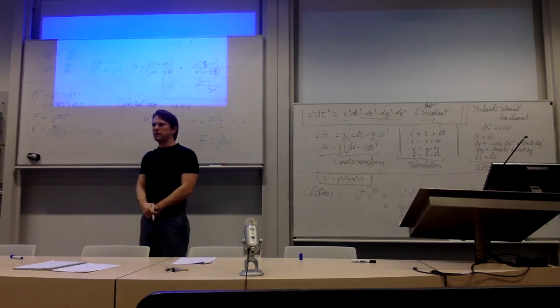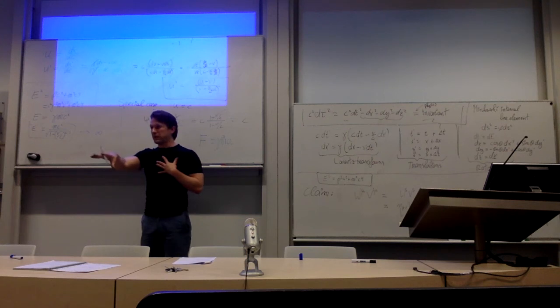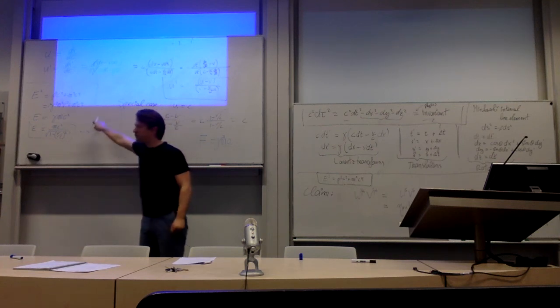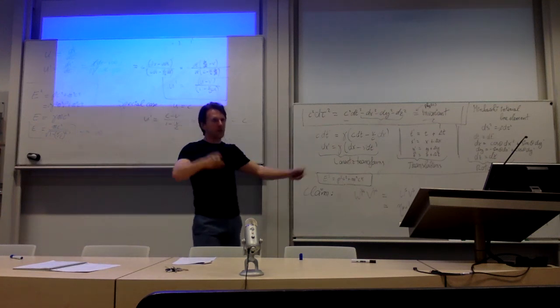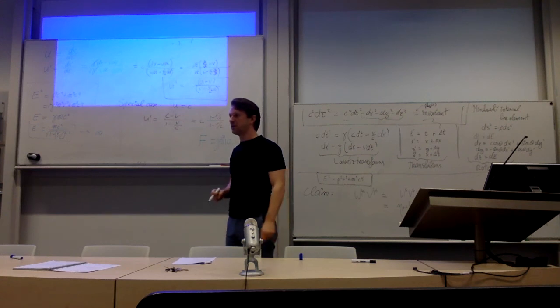So it's not just that I cannot see him move with the speed of c, nobody can. It's a combination of two effects that we derived: this formula, and the fact that if one guy sees somebody go with c, the other guy does as well.